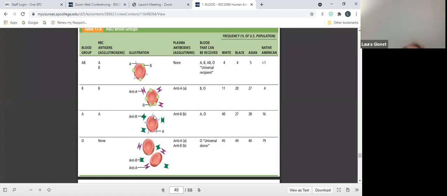So blood type A, we call it A because we have A antigens on the cell surface, those little triangles. And look at the shape of the anti-Bs. B antibodies cannot bind with an A antigen, right? They're just not compatible.